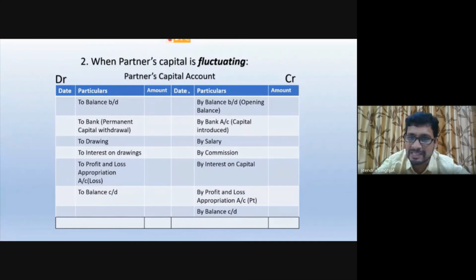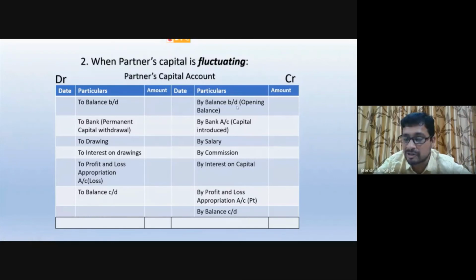By balance BD in credit side, it starts from credit side, if we have balance. If they introduce some more capital, then it is recorded in credit side by bank account. And whatever partner gets, like salary, commission, interest on capital, is recorded in credit side.